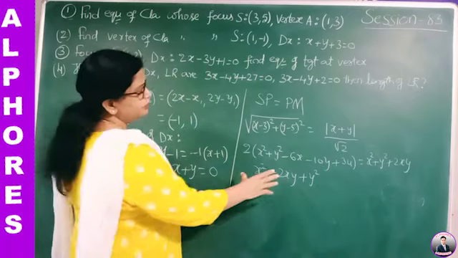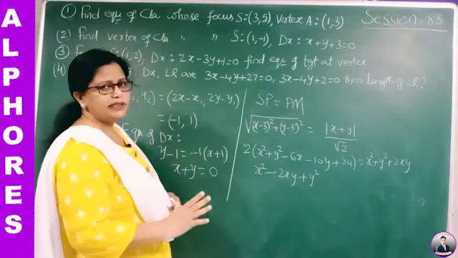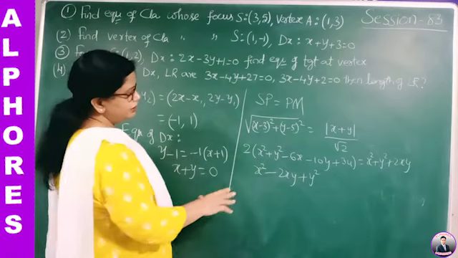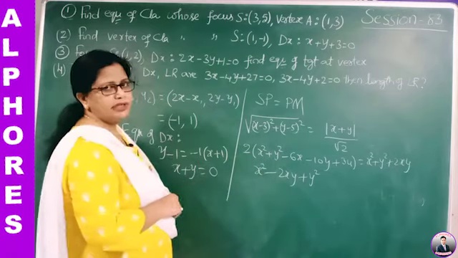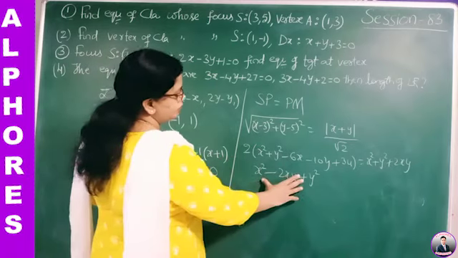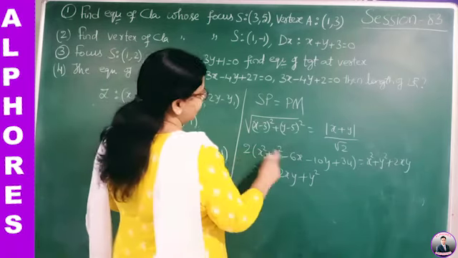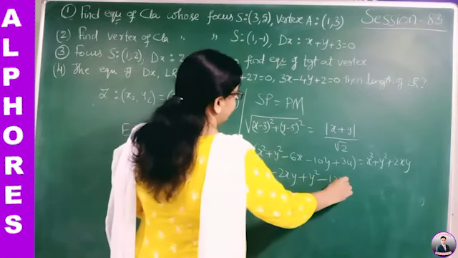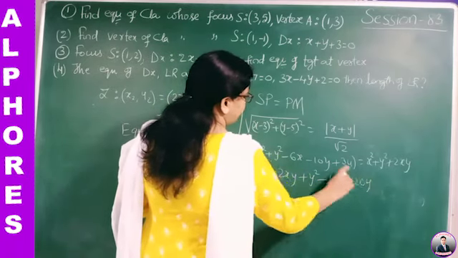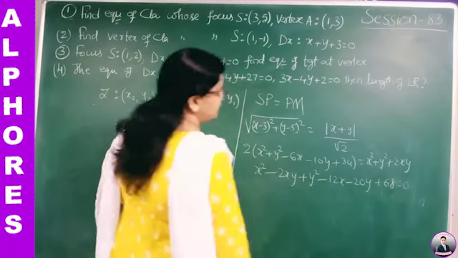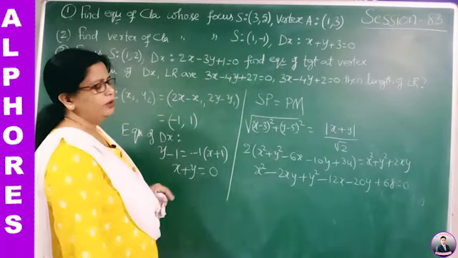Observe here the homogeneous part you must get as a perfect square. Always that is a very important thing while taking parabola equation. When it is the oblique case, the homogeneous part must always be a perfect square. Then the other terms: minus 12x minus 20y plus 68 equal to 0. So this is the equation of parabola in oblique form.